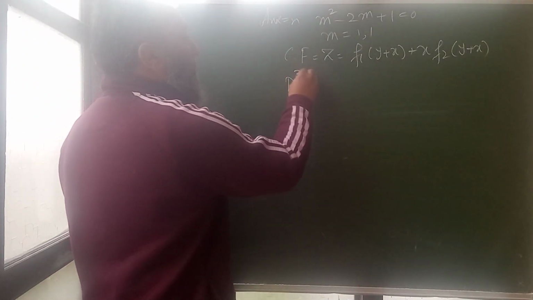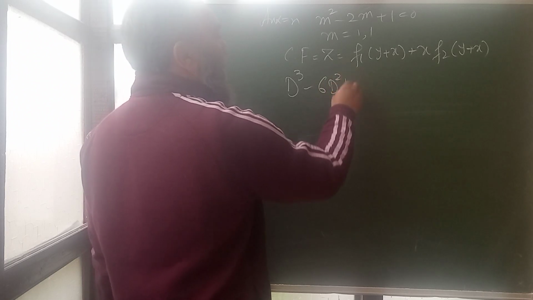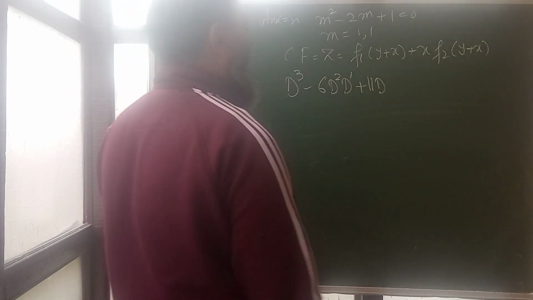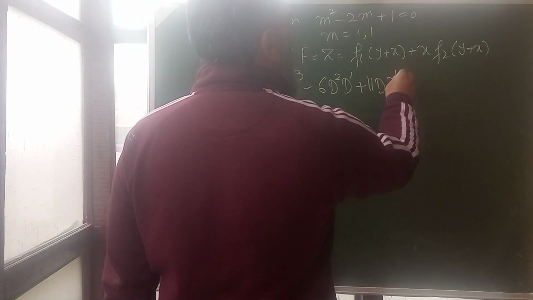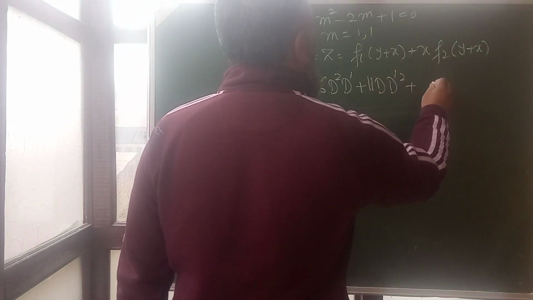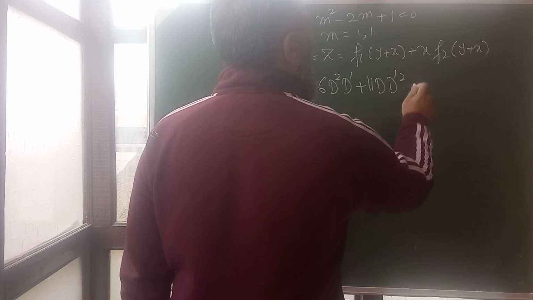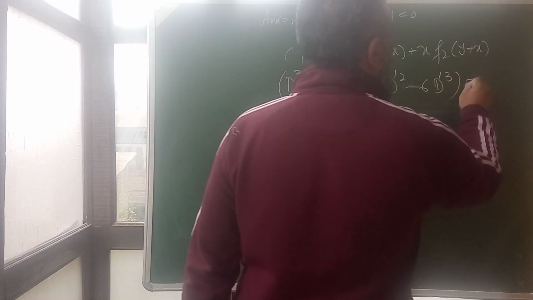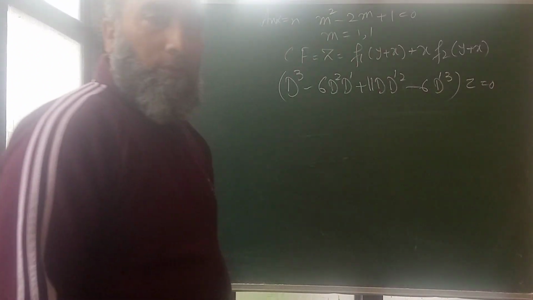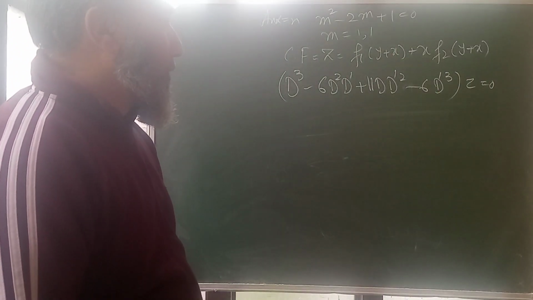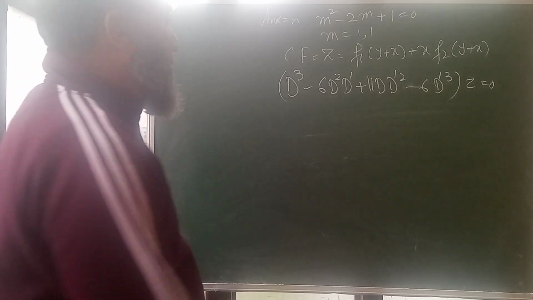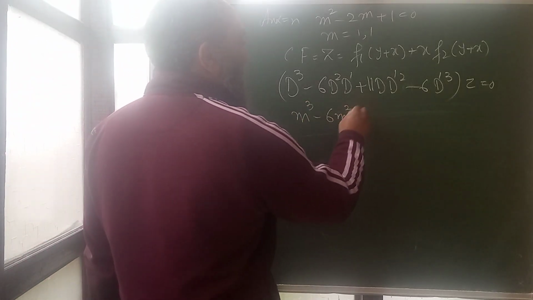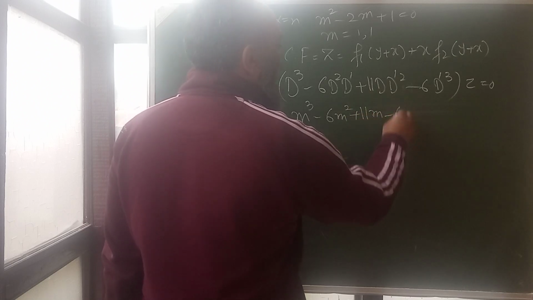Say you have d cube minus 6d square d dash plus 11d d dash square minus 6d dash cube operating on z equal to 0. This is a cubic in d and d dash. Okay. So what is the auxiliary equation? M cube minus 6m square plus 11m minus 6 equal to 0.